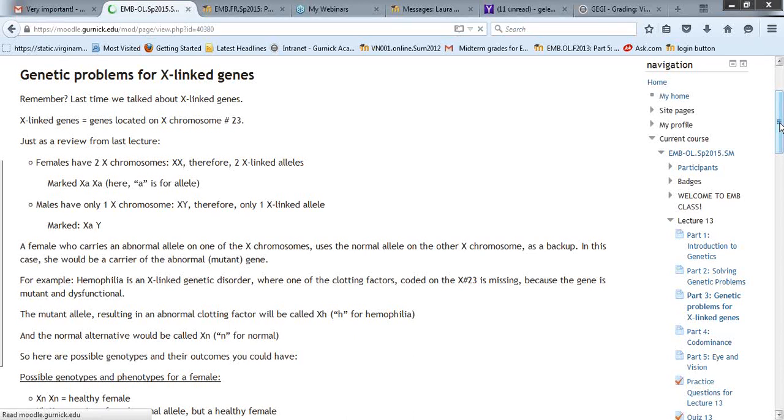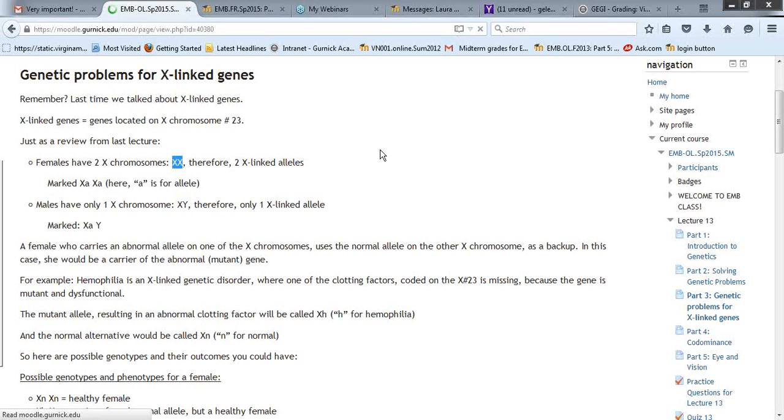Some people have 2 X's for their pair number 23. Some people have an X and half of an X, or a Y, as we call it, for their 23rd pair. And if you have 2 X's, that means you're a female.